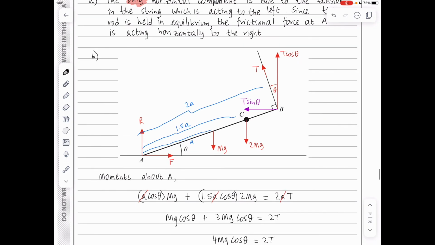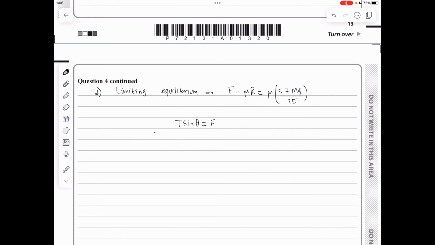Once more revisiting the diagram, we can see that the horizontal forces should be balancing out, so T sine theta should be equal to F, and therefore T, which was 2mg cos theta times sine theta, should be equal to mu times 57mg over 25.